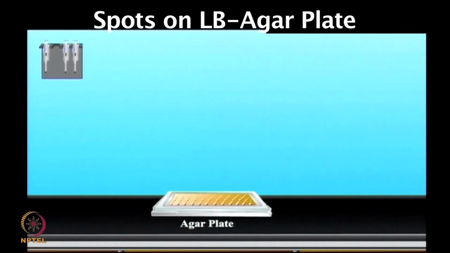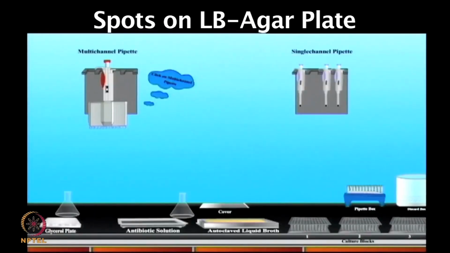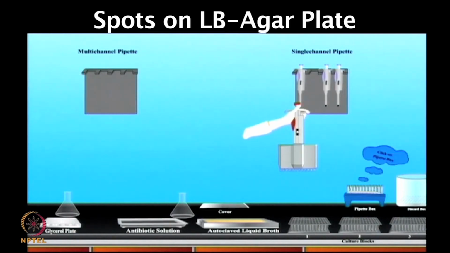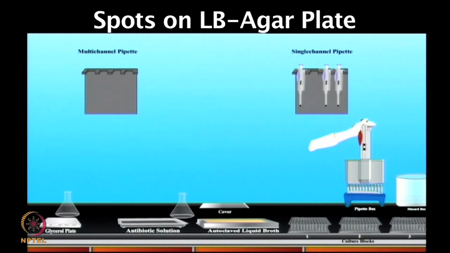So, allow the bacteria to grow overnight at 37 degrees before inoculating them into the liquid medium. As shown here, you can use a multi-channel pipette or you can also use the liquid handling system.